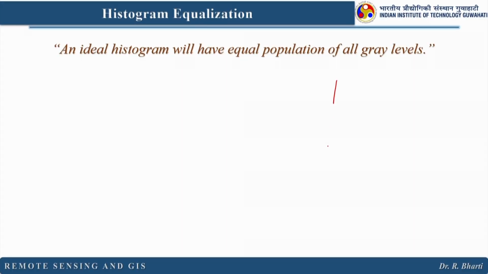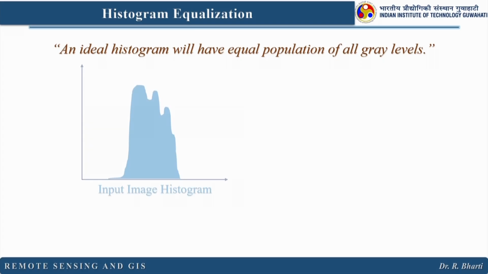If you can get a histogram like this, then it is the best, with all the DN values having similar frequency. But this is not possible in nature, and not possible with any remote sensing instrument or with our eyes, because it depends on how much energy they have reflected or emitted from the surface.